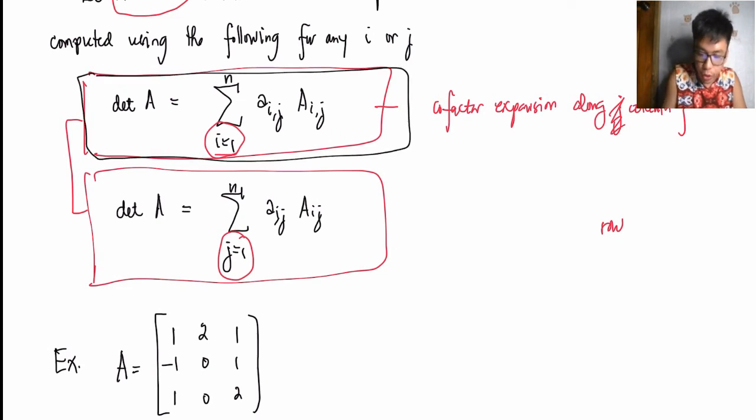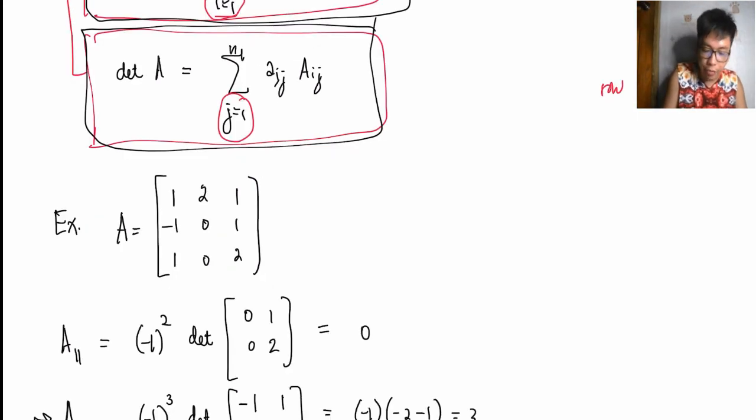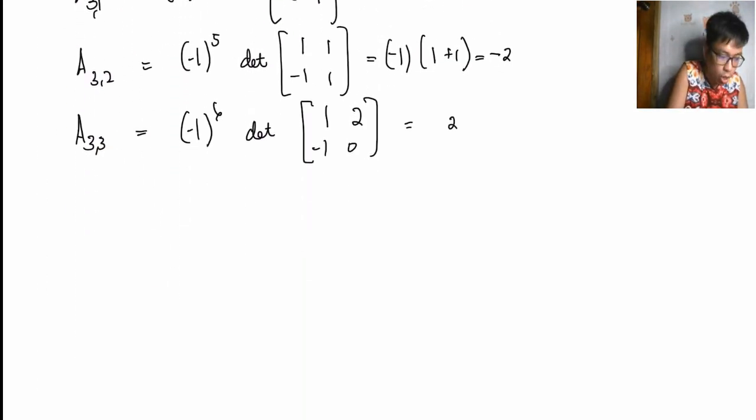So if you want to work with column j or if you want to work with row i. Let's say, for example, I want to work on row 2. So that's row i.